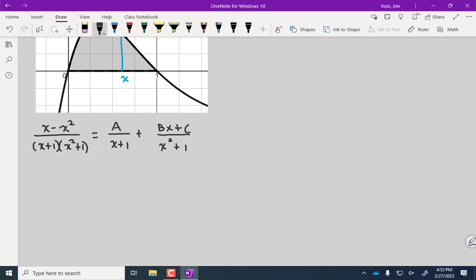Basic algebra part. Is that 2B? Oh, no, that's a 1. Yeah, you're fine.